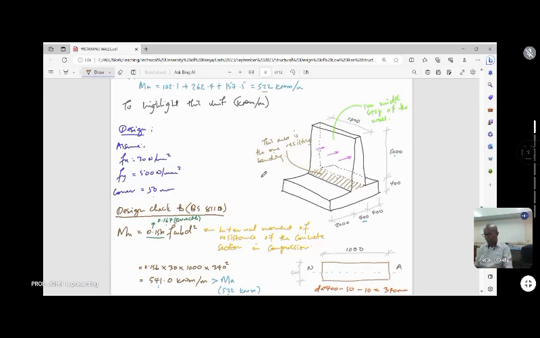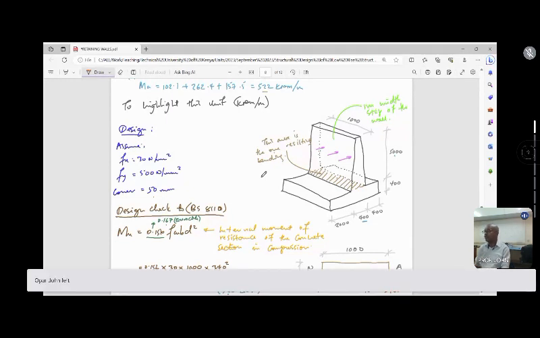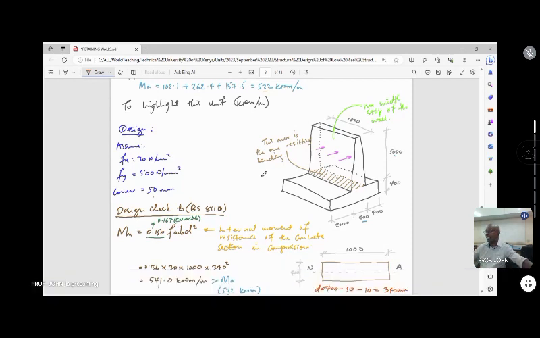Okay, so 7 meters tall wall. Rule of thumb: the thickness of the wall at the bottom should have been about 700 millimeters. But what they provided was 400. So they provided about 5.7% as opposed to 10% of the thickness. And of course, this wall had a lot of problems.